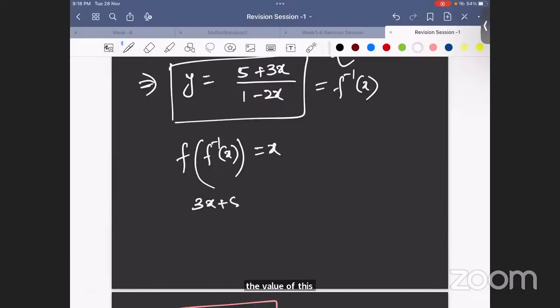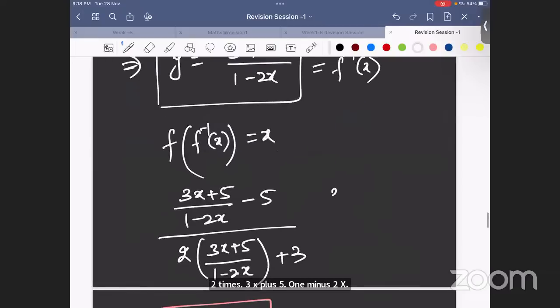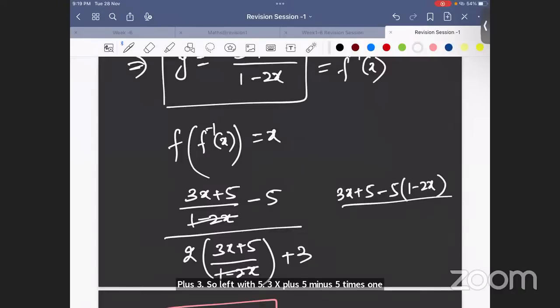Putting in, we have (3x plus 5 upon 1 minus 2x) minus 5, upon 2 times (3x plus 5 upon 1 minus 2x) plus 3. So we're left with 3x plus 5 minus 5 times (1 minus 2x). This will get cancelled, right? You'll be left with 2 times (3x plus 5) plus 3 times (1 minus 2x).